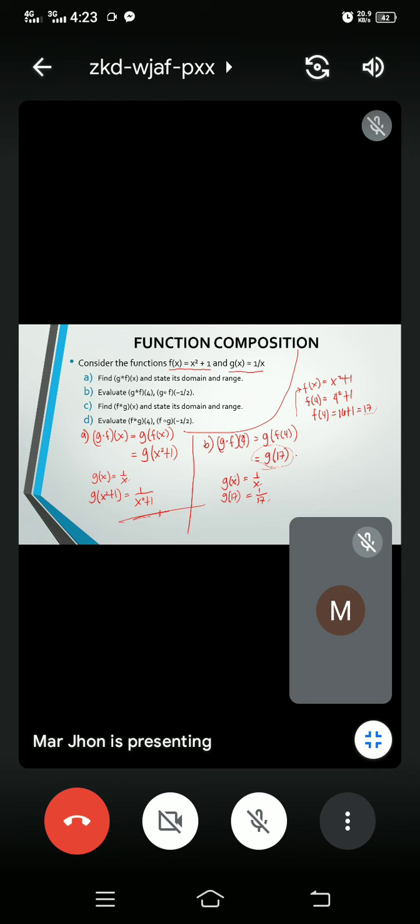Second, you have G of F of negative 1 half, which is equal to G times F of negative 1 half.